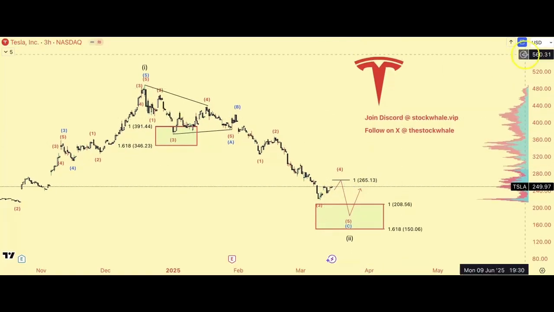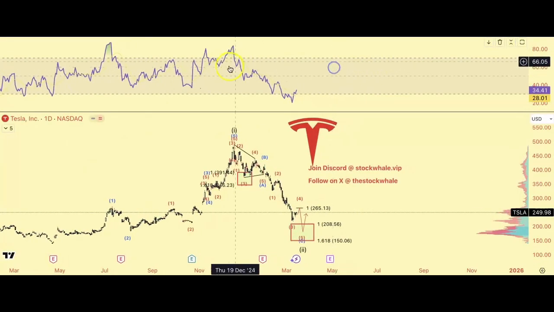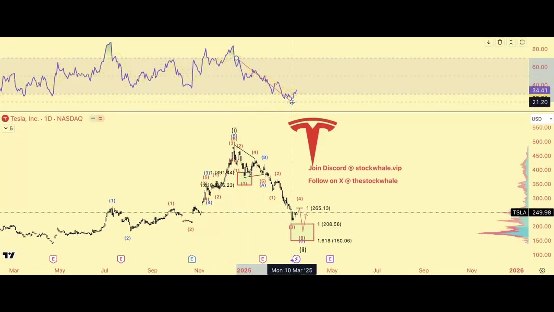And the reason why this makes sense, if you take a look at Tesla on the daily time frame, you can see my favorite indicator is the RSI. Now on the RSI, it looks like this was all of a third wave that went down. We're putting in this fourth wave that goes up, coming down for that fifth wave before we pump out, okay? And if you take a look, this is what we call bullish divergence on the daily time frame.